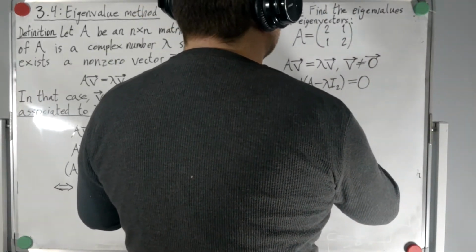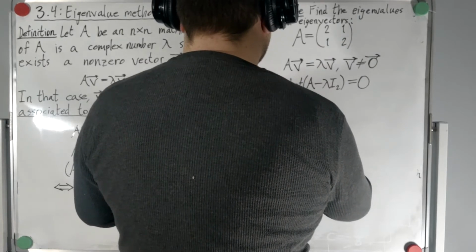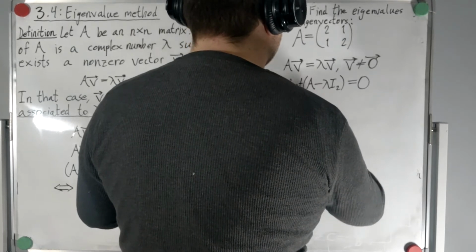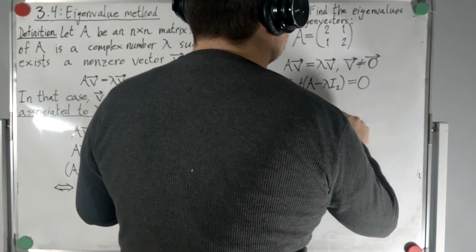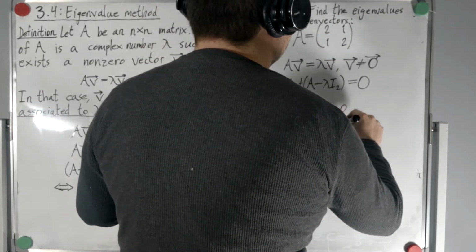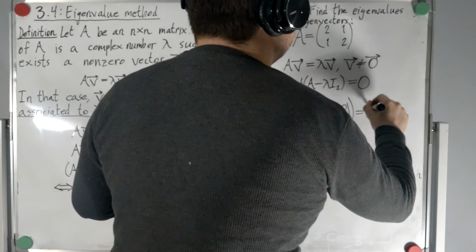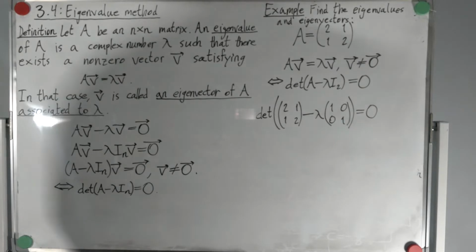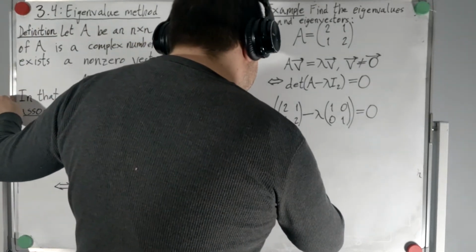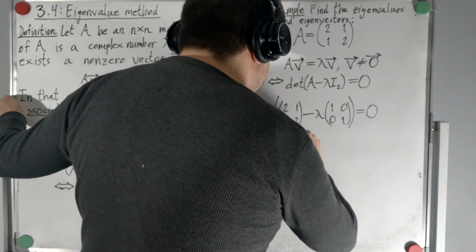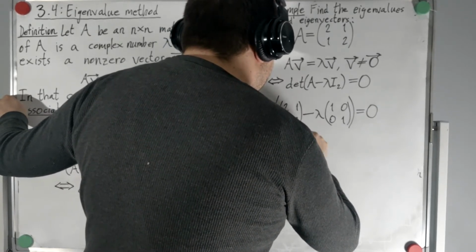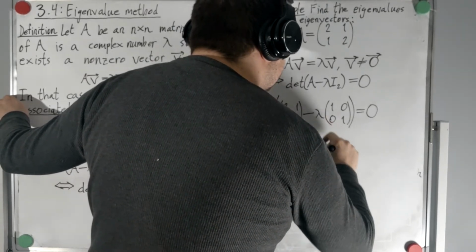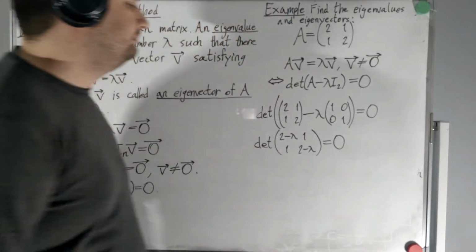So we're looking at the determinant of the matrix A, which is 2, 1, 1, 2, and subtract from this lambda times the 2 by 2 identity matrix 1, 0, 0, 1, and this is supposed to be 0. This is the same as the determinant of 2 minus lambda, 1, 1, 2 minus lambda equals 0.